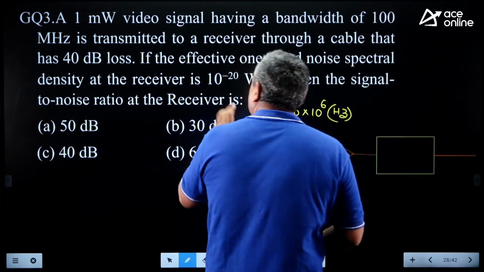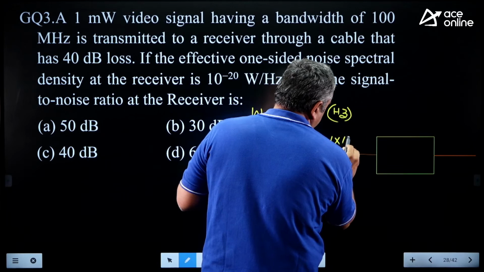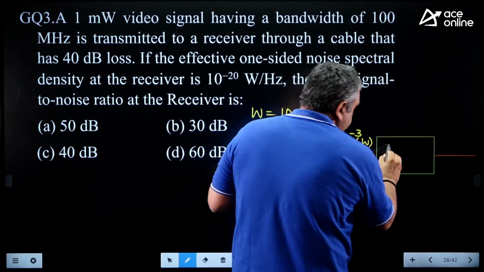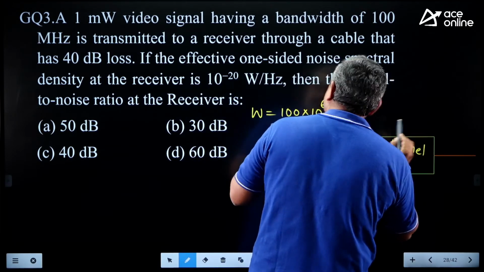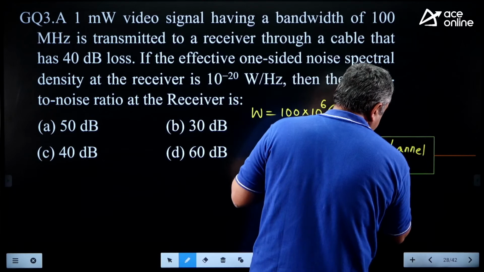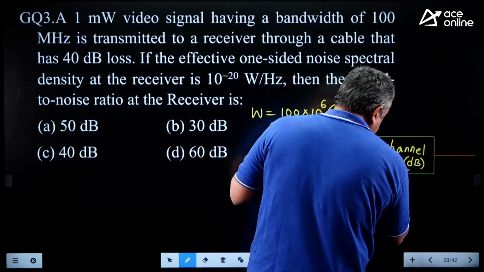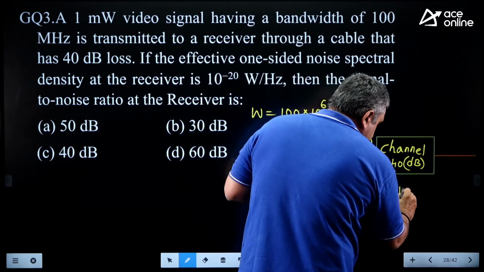So your signal has a power of 1 milliwatt here, 1 into 10 power minus 3 watts. Now this is getting attenuated by your channel because the channel is said to have a loss of 40 dB. So 40 dB loss means what? Minus 40 dB gain. So 40 dB loss means 10 power minus 4.